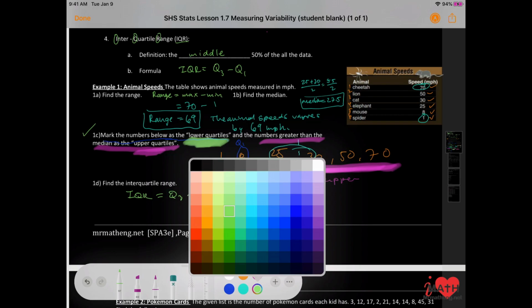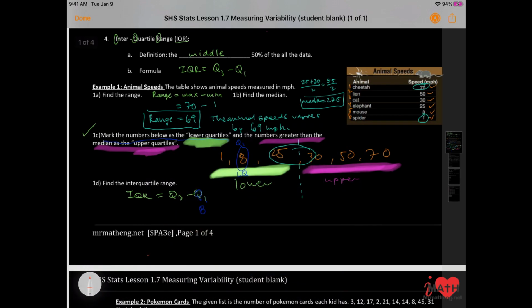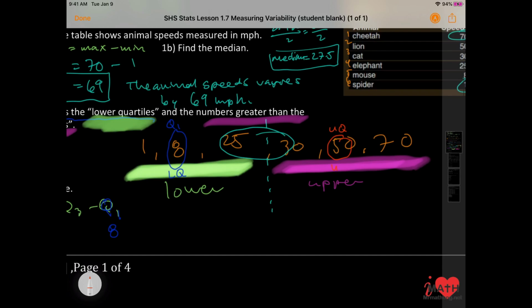Let's use a different color. Let's use red. So again, I'm looking at the upper quartile, so those three numbers highlighted in pink, and I need to find the median of those three numbers. That would be 50. So this is the UQ, upper quartile, and this is my Q3 value.